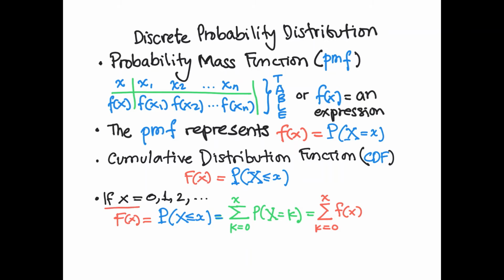If the random variable is such that the values that it can take go by 0, 1, 2, and so on, the cumulative distribution function will be given by the sum of the values of the point probabilities from the lower value up to the value of interest.